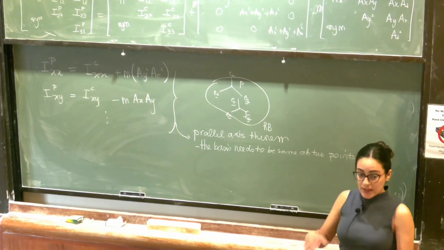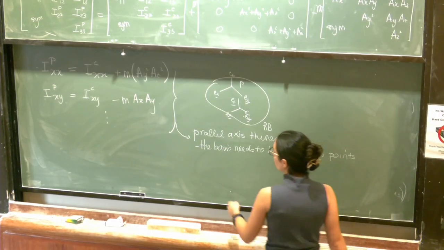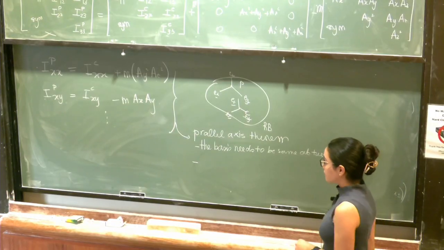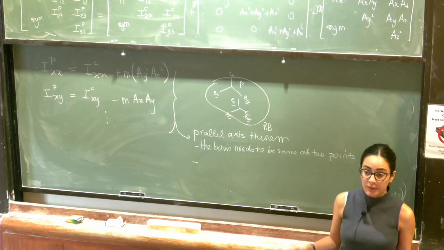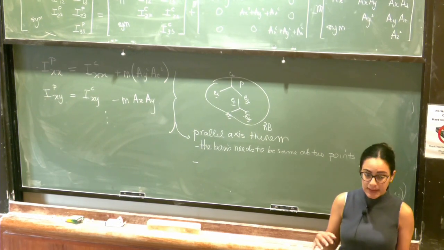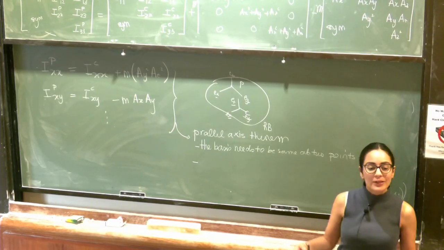So the first condition is that the basis needs to be the same at the 2 points. The second one is that it only applies between the center of mass and some other point. It doesn't apply between any 2 material points on the rigid body, okay? So it needs to apply between the center of mass and then some other material point on the rigid body.